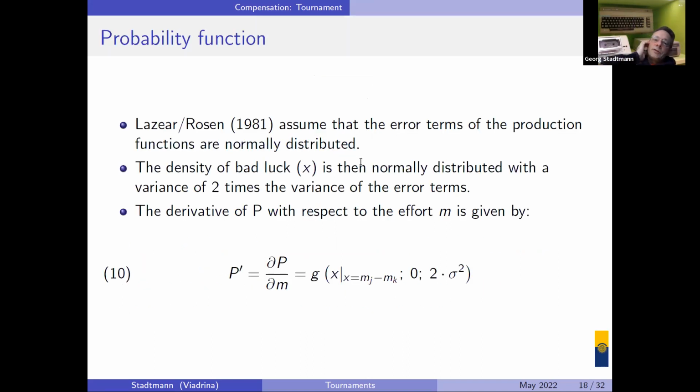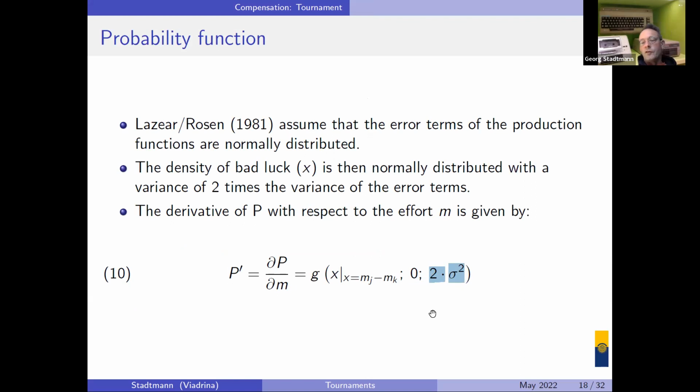So Lazear and Rosen assume that the error terms of the production functions are normally distributed, and therefore the density of bad luck, which is the difference between two error terms, is normally distributed with a variance of 2 times the variance of the error terms. The expected value of this difference is equal to 0, but the variance is 2 times the variance.